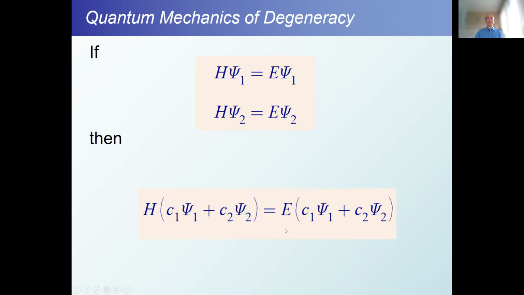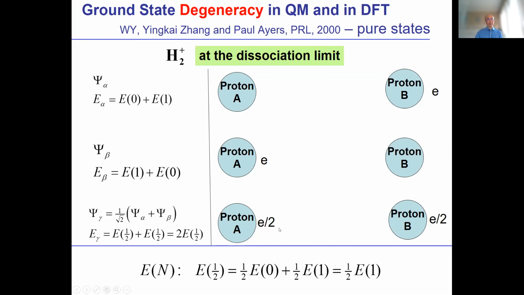So what has been developed based on this degeneracy is that the conclusion can be derived for fractional electrons exactly. And this was in a paper in 2000 that we published.